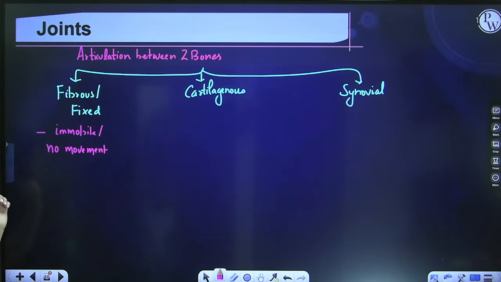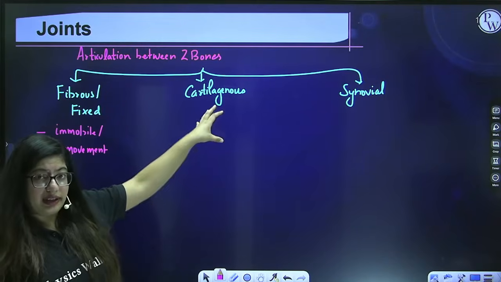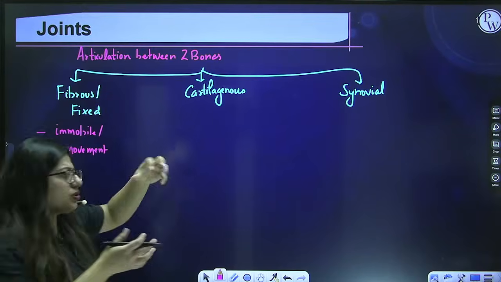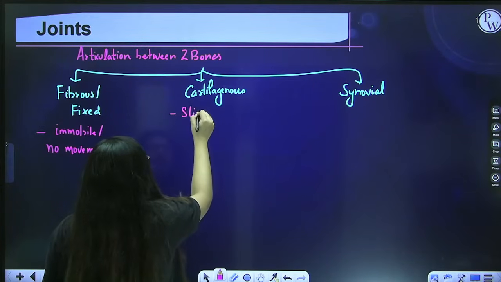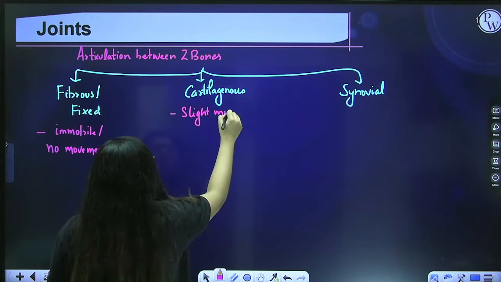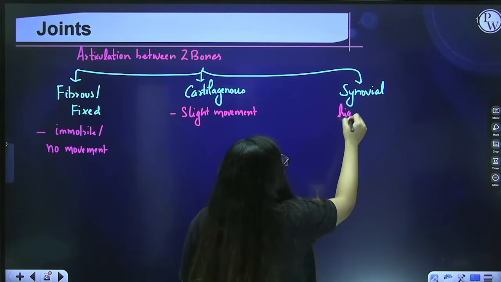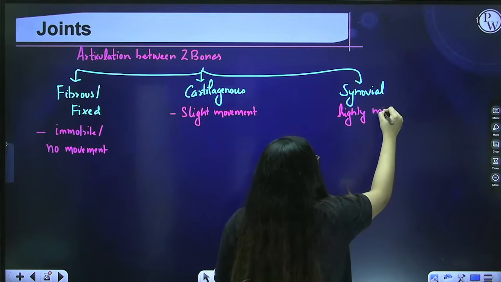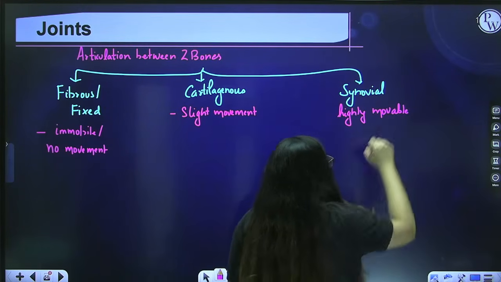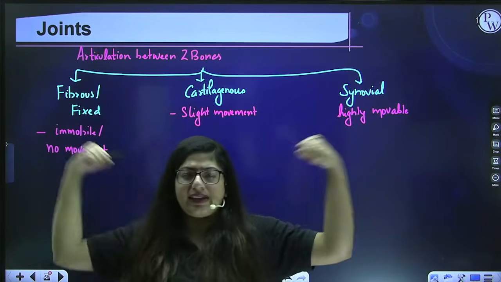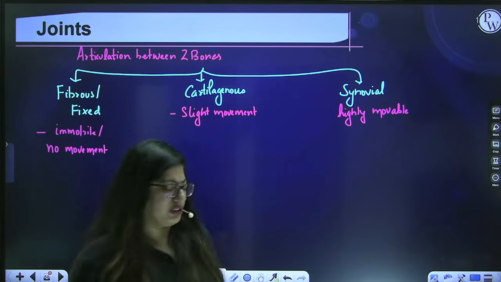Whereas cartilaginous joints allow a little movement around the bones. So they can allow slight movement. And this one, they are highly movable joints. For example, right now I'm talking to you, my jaw is moving, that's a synovial joint. My arms, my elbows are moving like this, that's also a synovial joint, right?